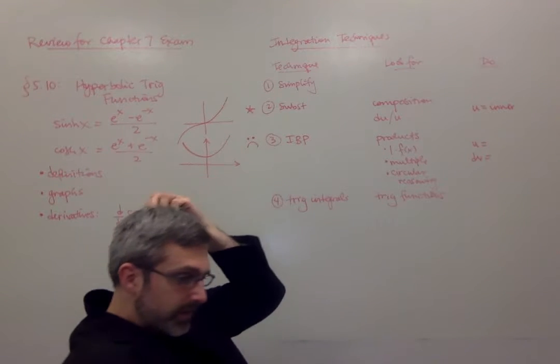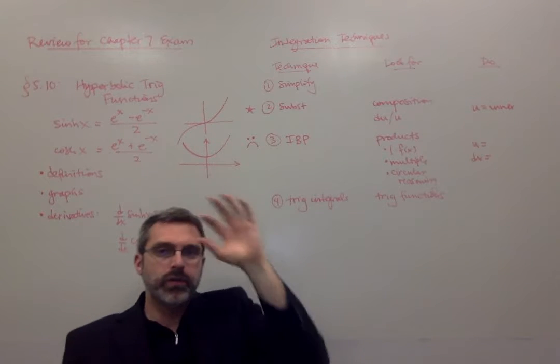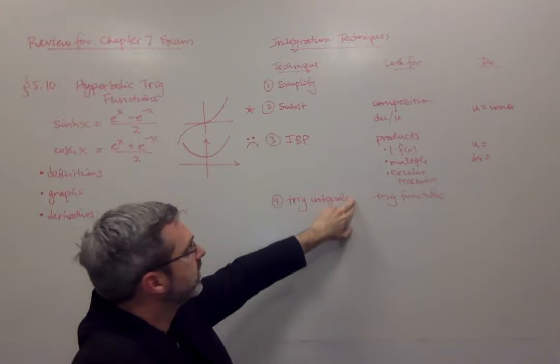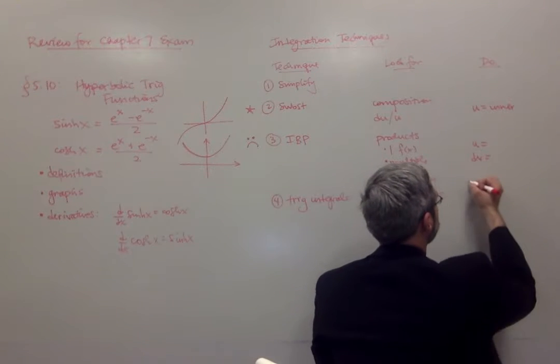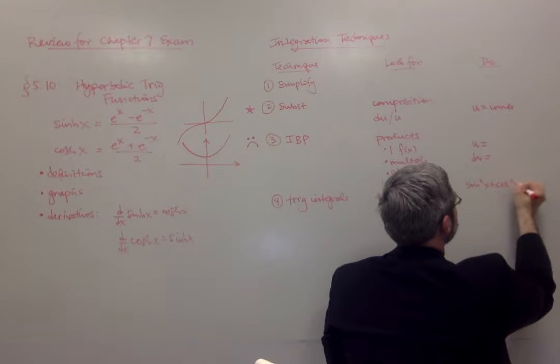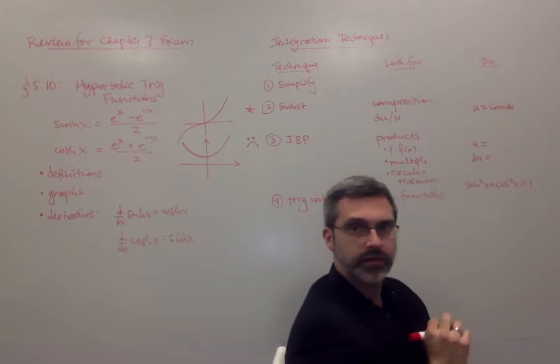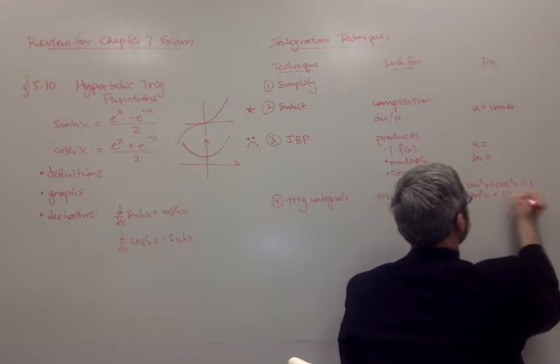And we looked at certain patterns in these, but really what we were doing in all of these trig integrals is we were using these other techniques along with some formulas. So we had the formula sine squared plus cosine squared is 1, right? Tangent squared plus 1 is secant squared.